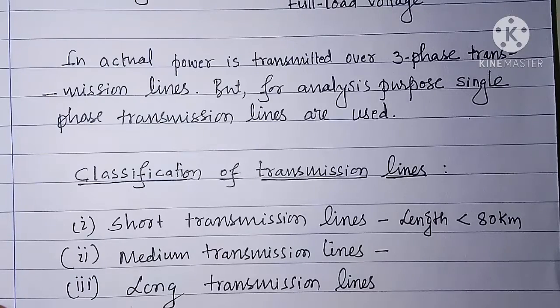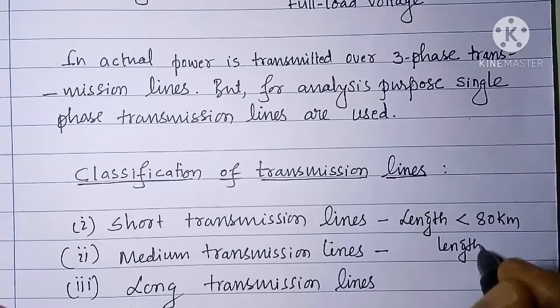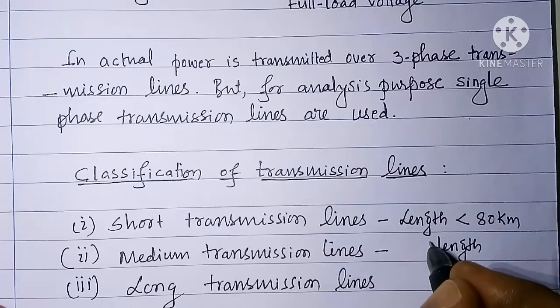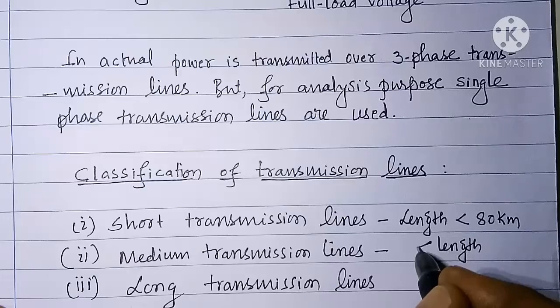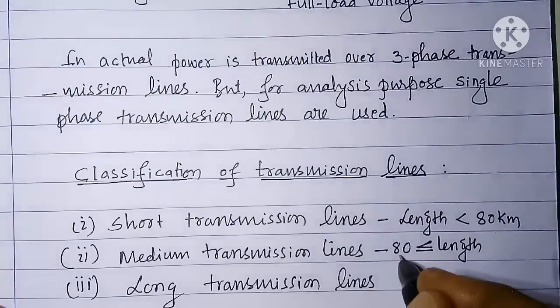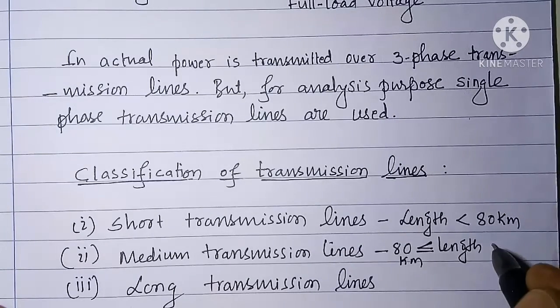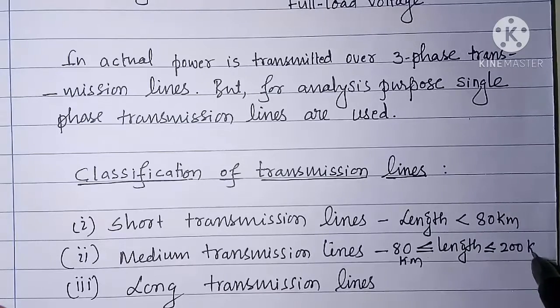Medium transmission lines are those whose length will be greater than or equal to 80 kilometer and less than or equal to 200 kilometer.